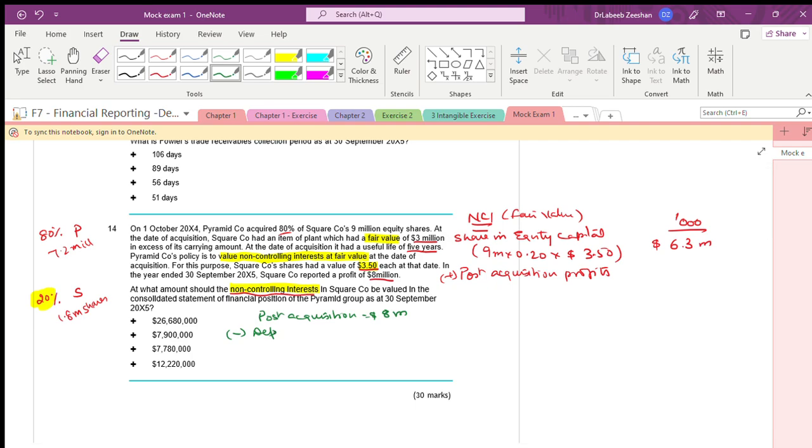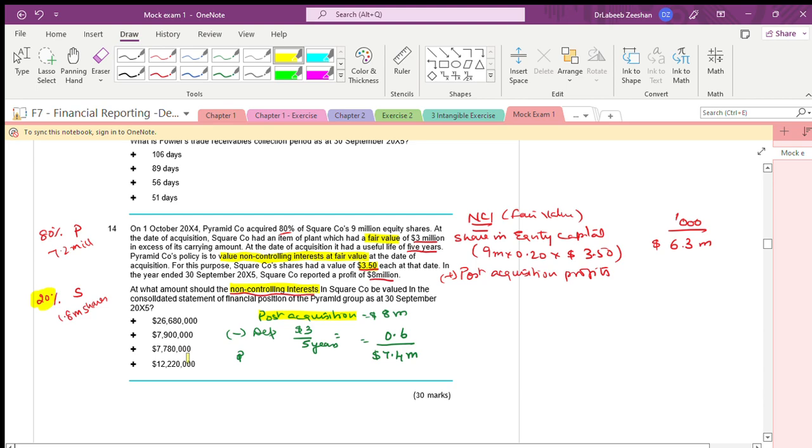How much is the depreciation? It is 3 million divided by 5 years. 3 divided by 5 is 0.6. So 8 minus 0.6 gives 7.4 million. This is the post acquisition profit.